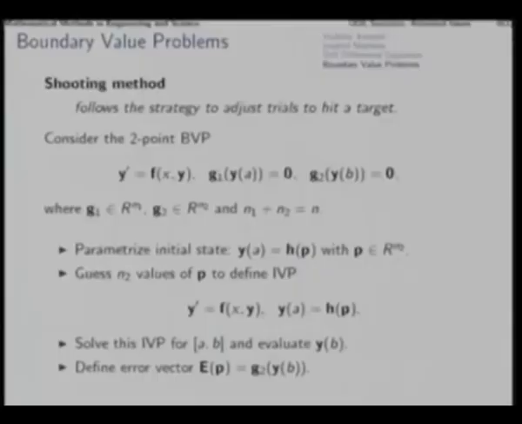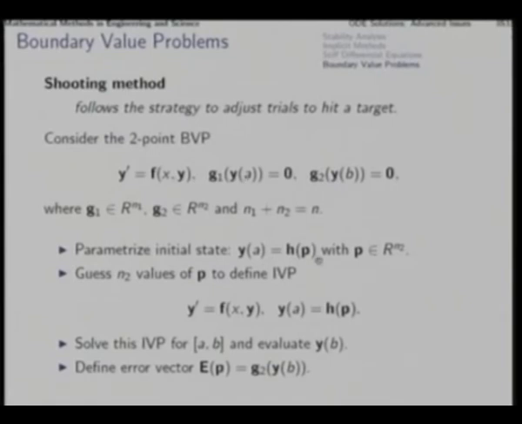So, in that case what we do, with the help of these n1 equations, we parameterize y of a as a function of n2 parameters, that is n minus n1, this is n2 parameters. So, n2 values p1, p2, p3, p4 up to pn2. Okay. So, n2 becomes the dimension of p. Okay. So, in terms of those n2 variables, we parameterize y at this end, right.